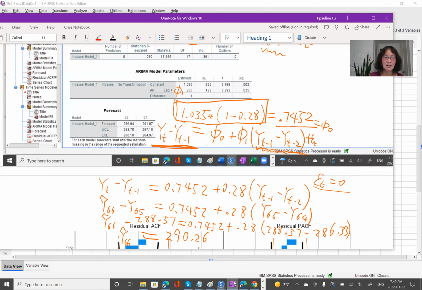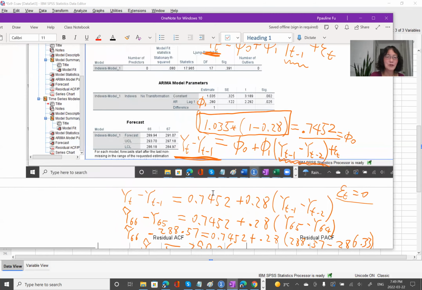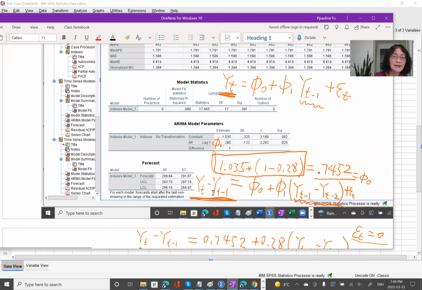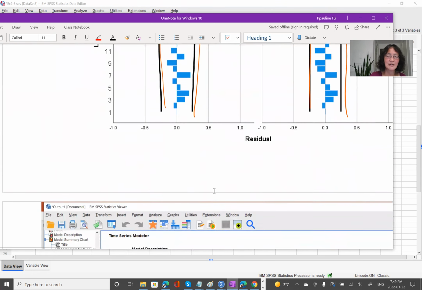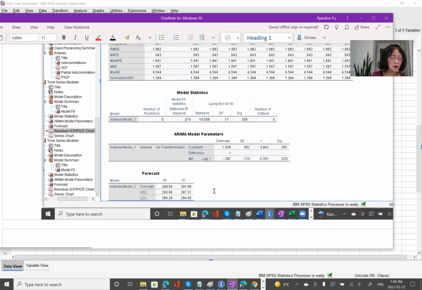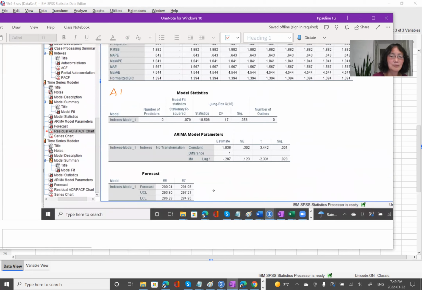So remember what this is. This is ARIMA 110. Next we are going to propose another model: ARIMA 011.